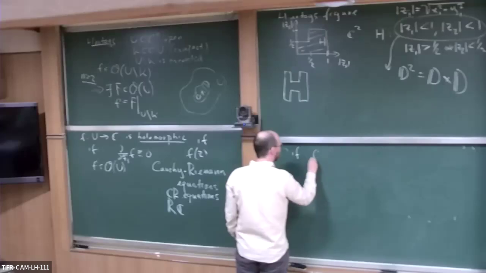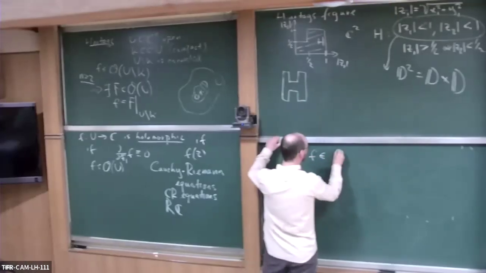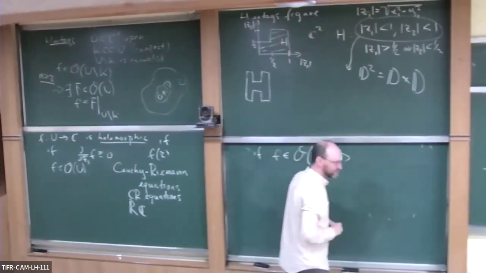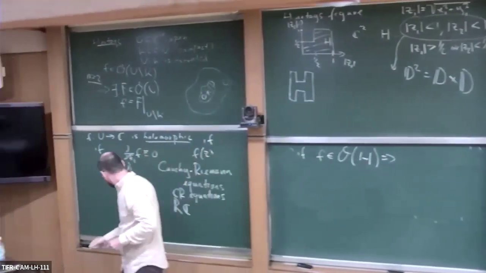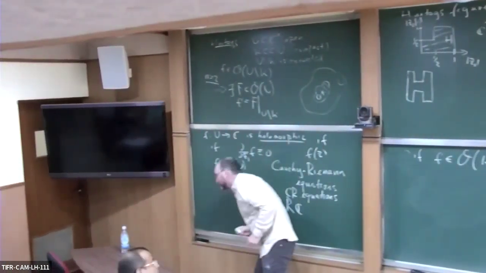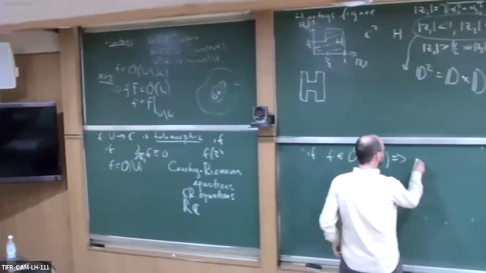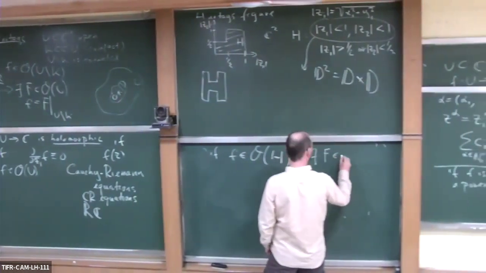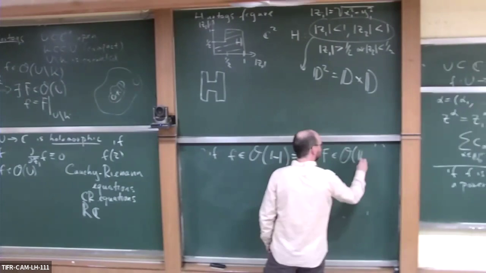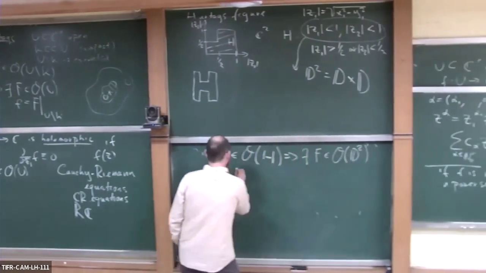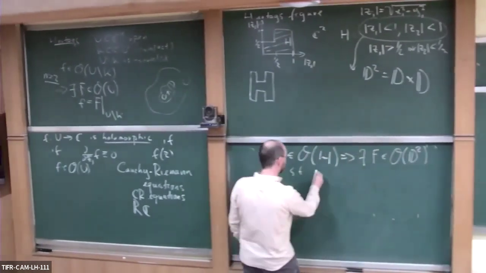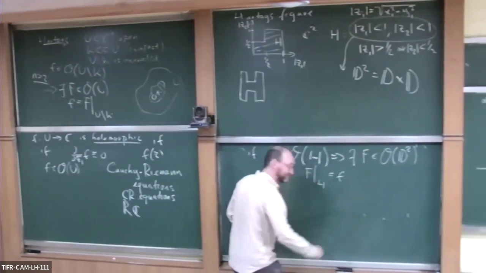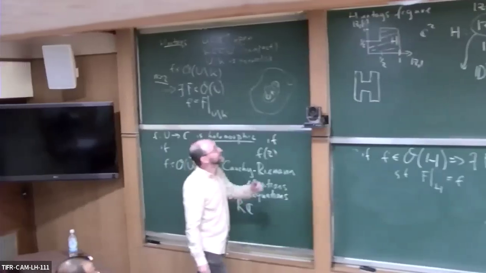If f is holomorphic in H, then there is an F that's holomorphic in the polydisk such that F restricted to H equals f.